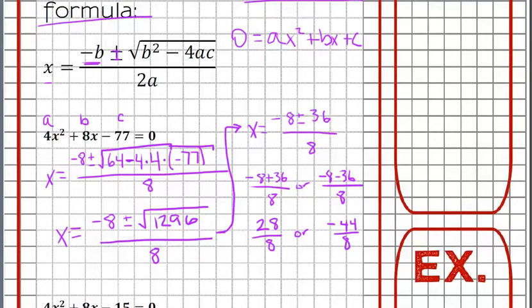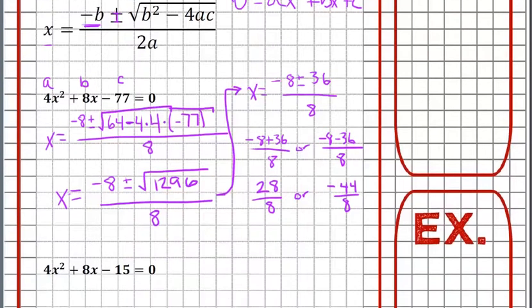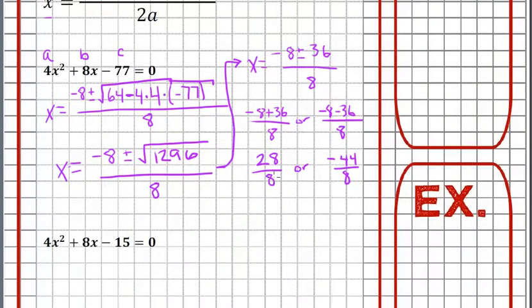Now we can simplify each of these a little bit. What goes into both of these? 4. So 4 goes into 28 7 times, and into 8 twice, so 7 halves. Or negative 44, we can divide both of those by 4 also. Negative 11 halves. So these are my two answers for this quadratic equation.